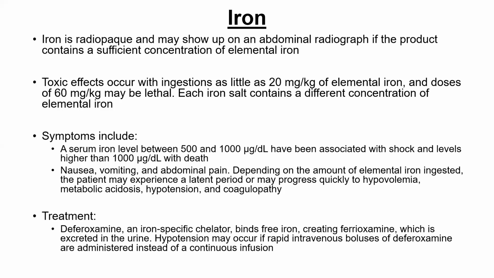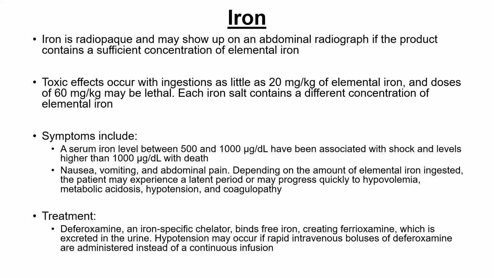Normally, you're going to see nausea, vomiting, abdominal pain, and depending on how much iron is ingested, the patient may experience a latent period before you see the symptoms. For treatment, you use a compound called deferoxamine, which is an iron-specific chelator. Because iron has a positive charge, deferoxamine binds with free iron, creating ferroxamine, which is excreted in urine.